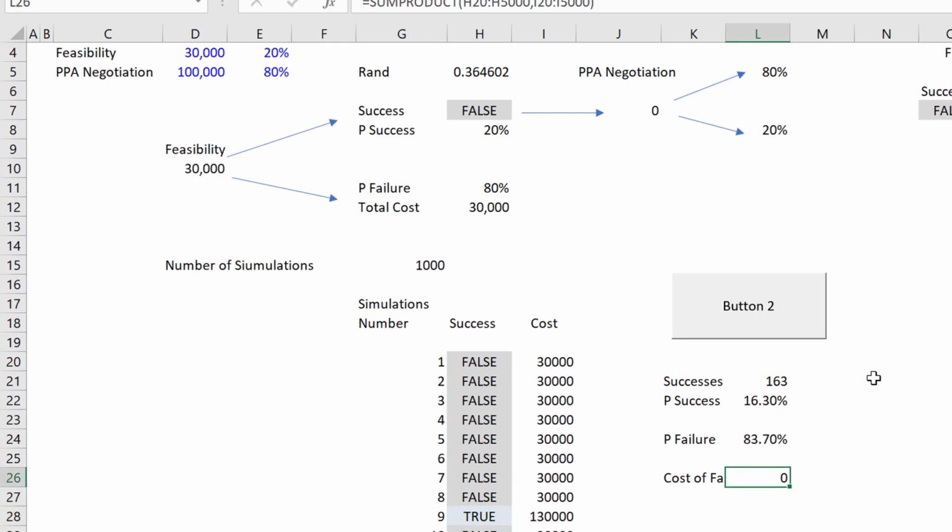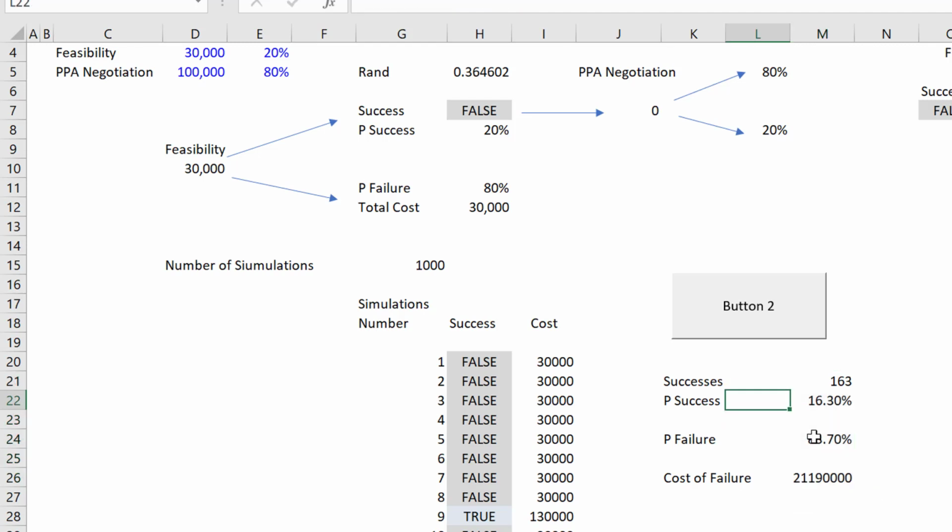Now, I was going to tell you this. When you use a true and false, you have to put a multiplication in there, okay? I purposely wanted to do that.